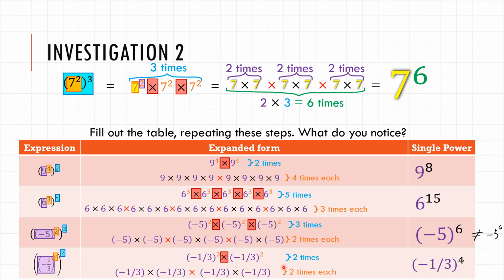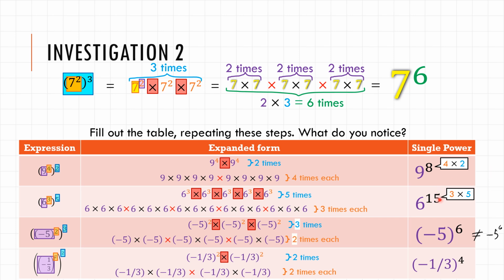The last question that we have to ask ourselves here is, what do you notice? What is the pattern? What did we repeatedly do every single time? If you look very carefully, you'll notice that 2 groups of 4 got us 8. 2 times 4 got us 8. 3 groups of 5 also got us 15.